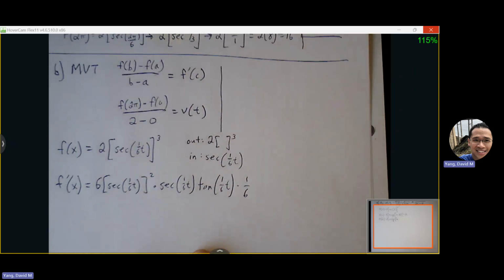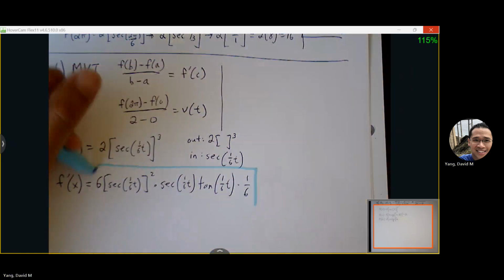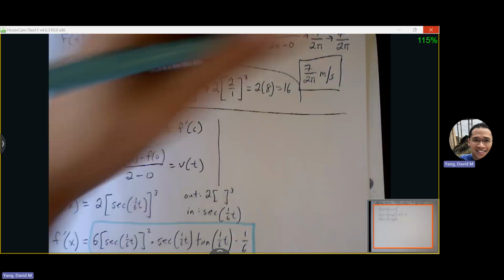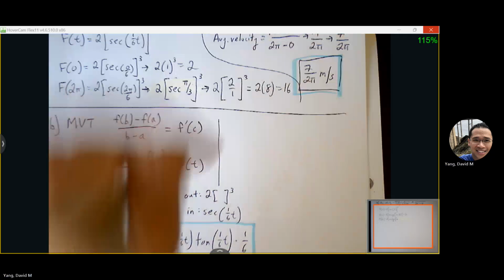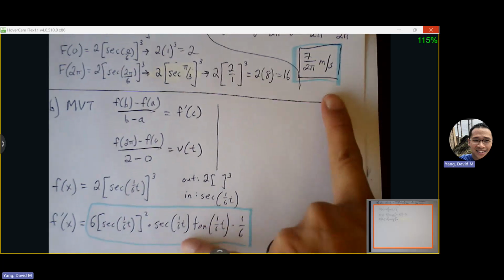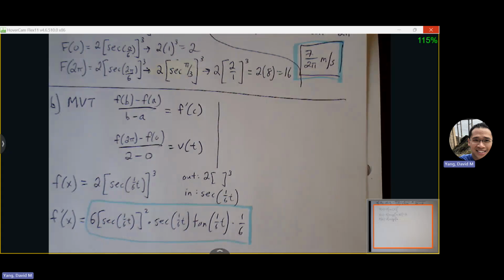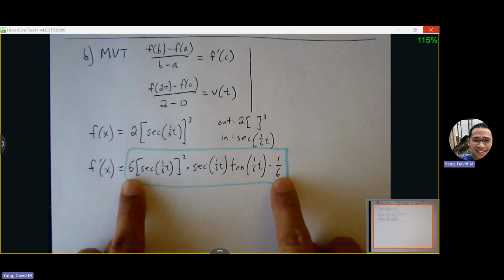So we're just going to set up mean value theorem. So we have our derivative. We have our average velocity. And we're just setting them equal to each other. We're not going to solve it. That'll be too much to do. So this one is only asking us to set it up. So it looks like the sixes can cancel out.